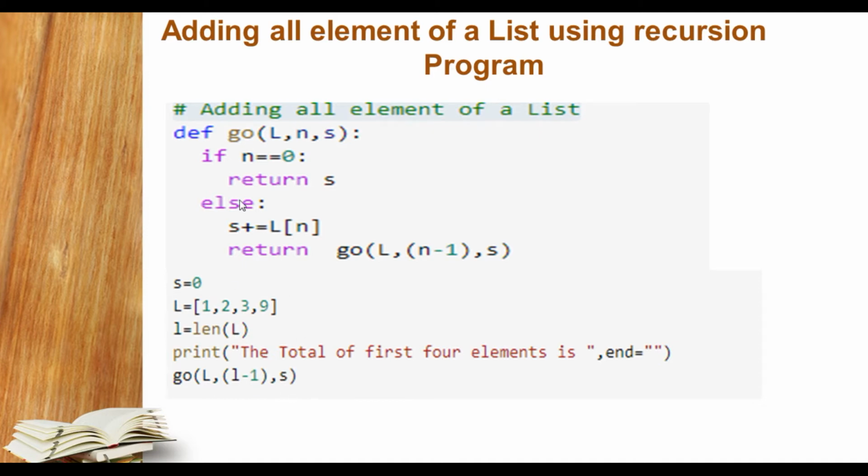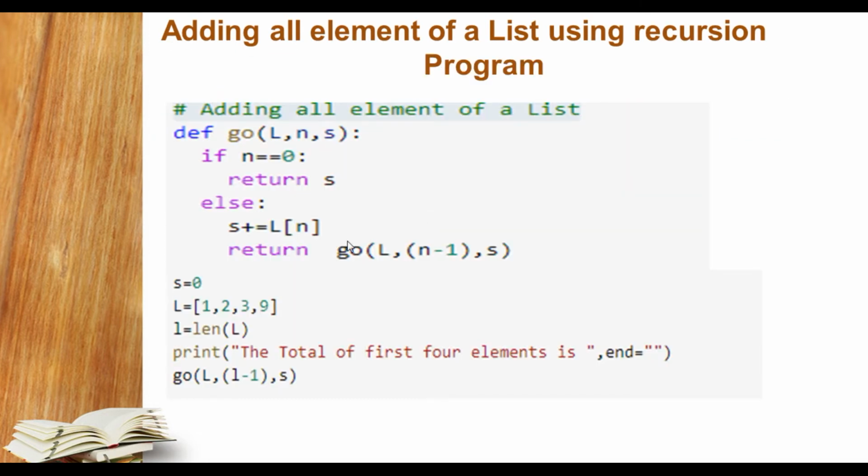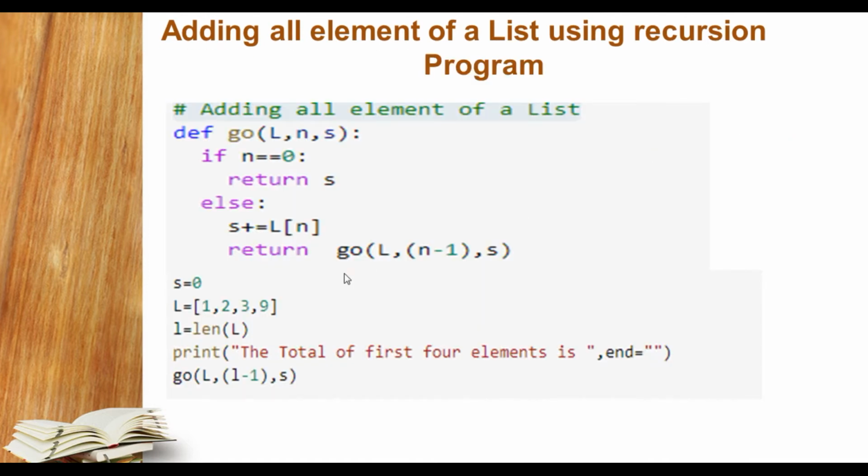According to this, L will initiate to L, n minus 1 will initiate to n, and S will initiate to S. So here S is 0, remember this, student, and the last element will be considered first. Suppose in this example the last element is 5, so 5 will be added first, and then it will call the function again, and here the index value will be lesser, I mean to say 6. In the same way it will continue to run this function again and again, and at last if n equals 0, because it's the index number, it will return S.